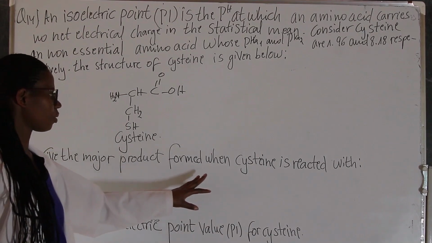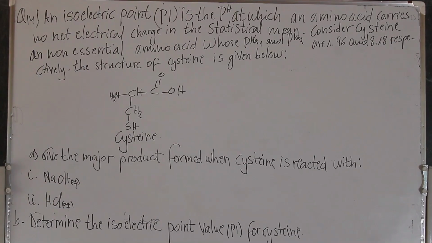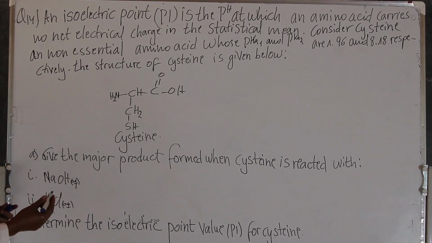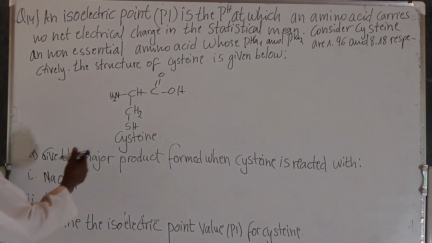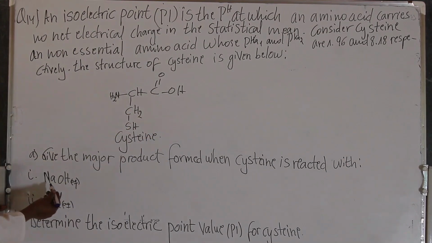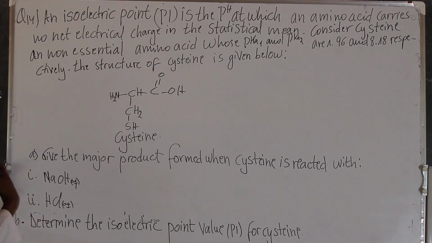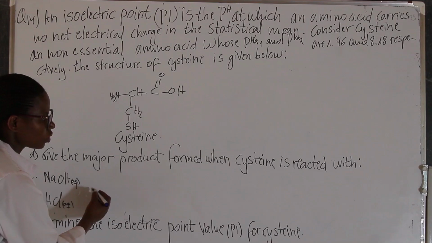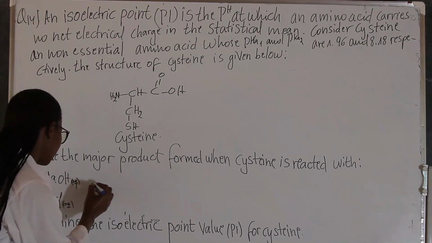Give the major product formed when cysteine is reacted with sodium hydroxide. Here, the major product which will be formed: this acid group will react with sodium, then it will produce cysteine sodium salt.